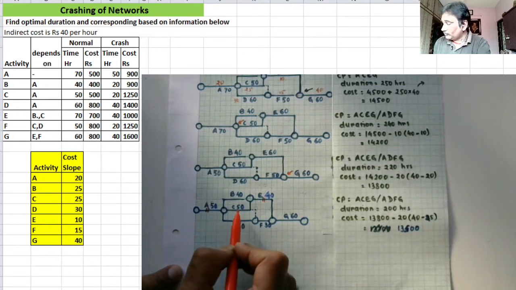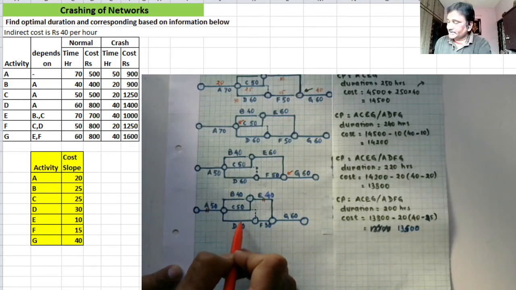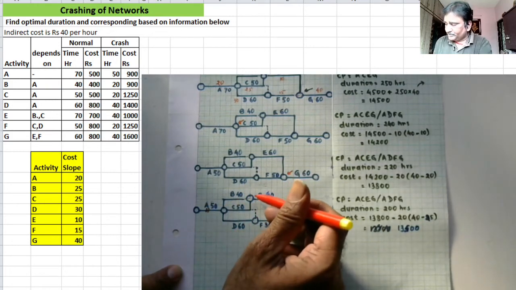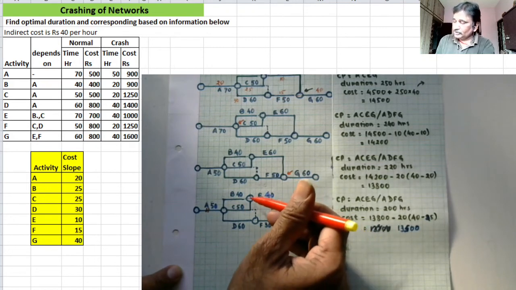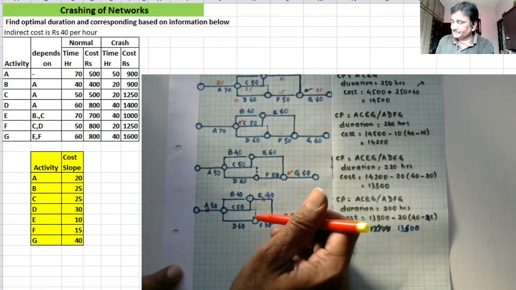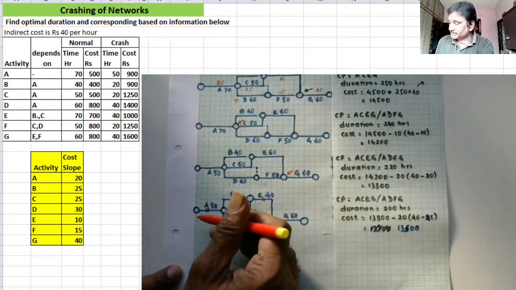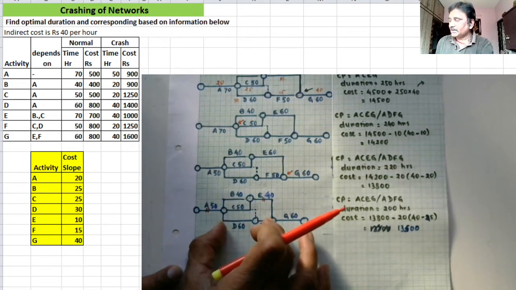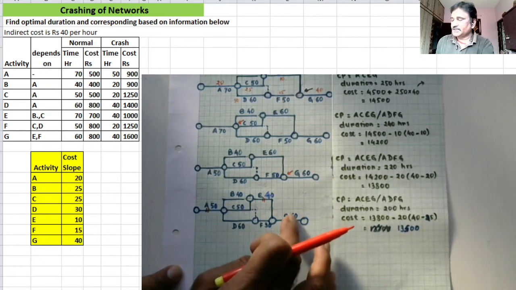But when you are crashing activity C, activity D also has to be crashed in parallel. Because if you simply crash this activity and apply the pressure here, this is already the critical path. You will find that there is some buckling on this side.